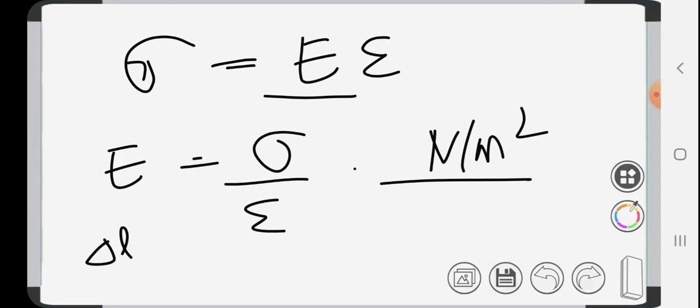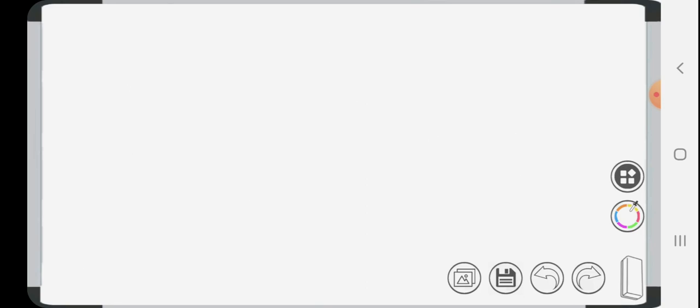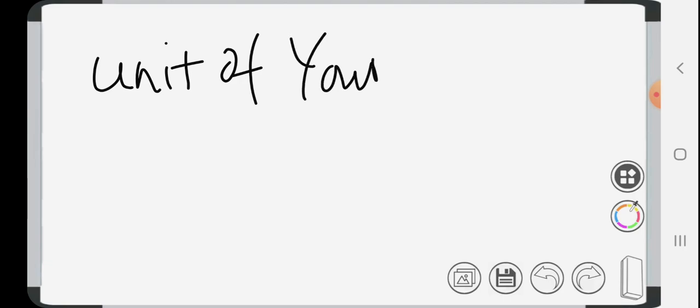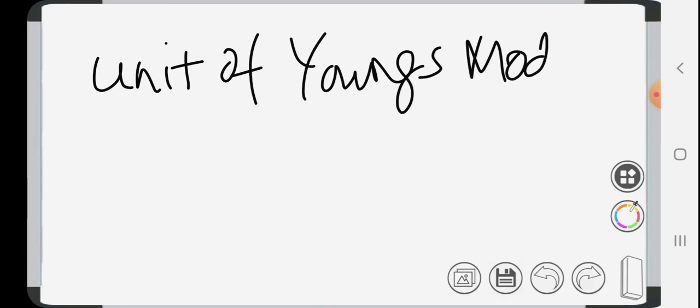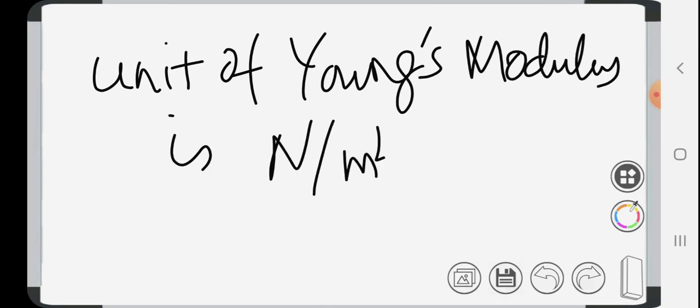Because epsilon is delta L by L, and L and L have the same unit, so there is no unit for epsilon. So the unit of Young's modulus is nothing but Newton per meter square or Pascal itself.